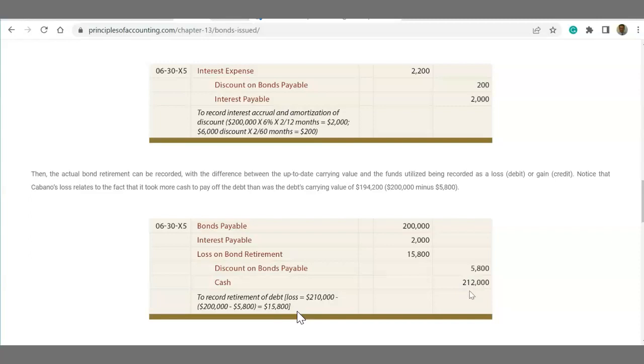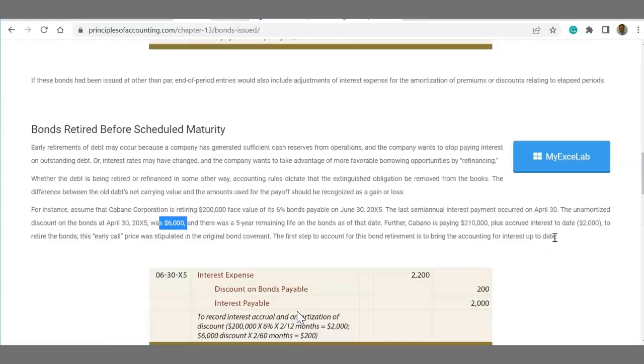So always, the bond says if you want to pay in advance, you have to give investors a little bit of extra money. How much depends on the agreement of the bond, and here it shows that you have to pay $12,000 more. So you pay $10,000 more, which is given to us somewhere here.